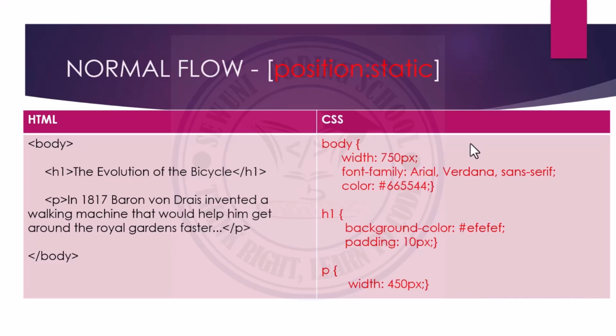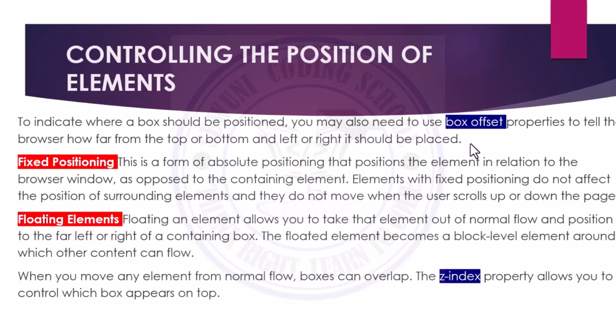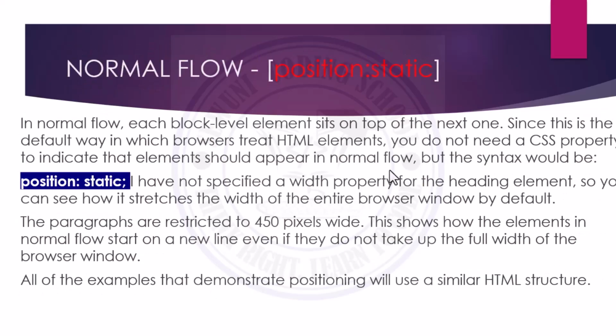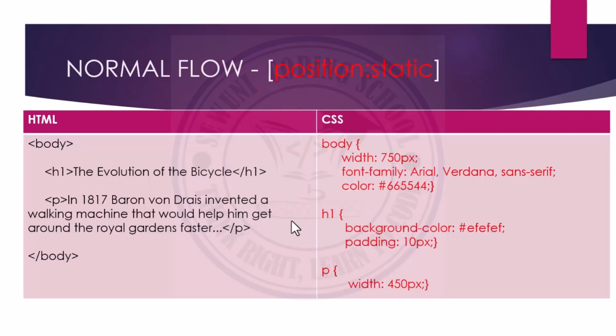It's going to stay just like you saw in the explanations. In the explanation here, that the paragraphs are restricted to 450. Okay, restricted to 450. So this was the example I was trying to explain.